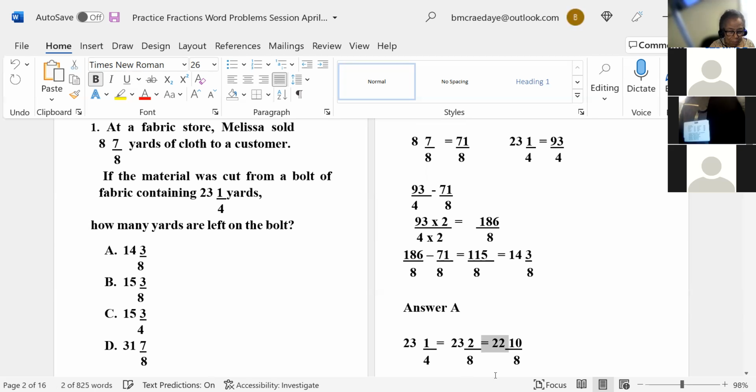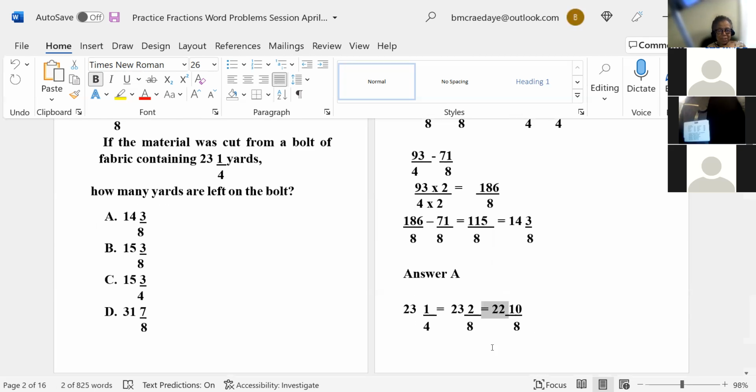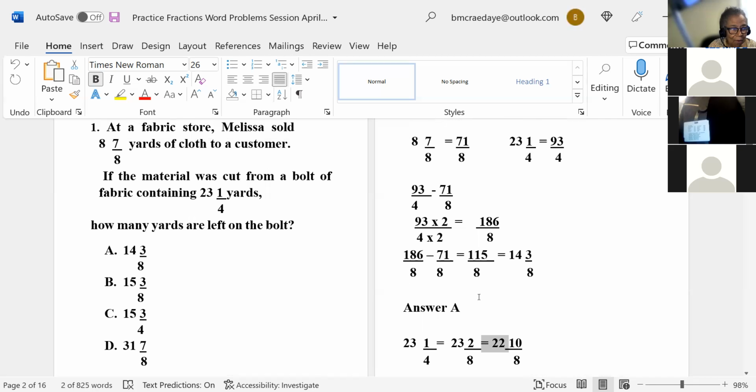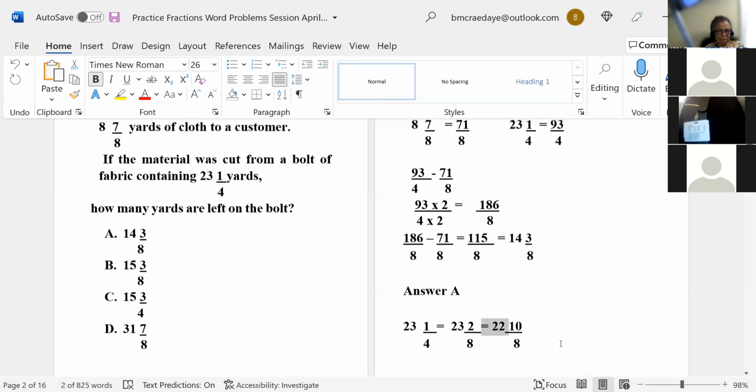Maureen, can you follow me? I would take the 23 and 1/4 and change my 1/4 to eighths. So that's 23 and 2/8. Then I'll take a whole number from my 23. That's 1, which is 8/8. And I'd add the 8/8 to 2/8, and I get 22 and 10/8. Now I can subtract the 8 and 7/8 from 22 and 10/8, which would give me the 14 and 3/8. You follow? Is that easier or the other way, Mercedes?